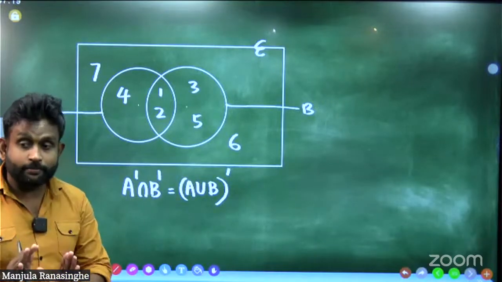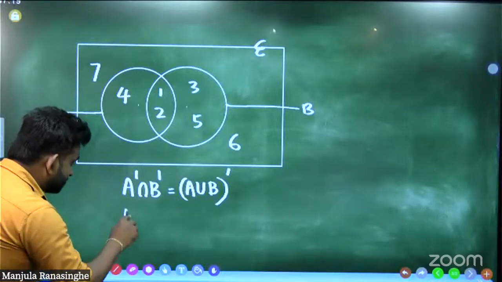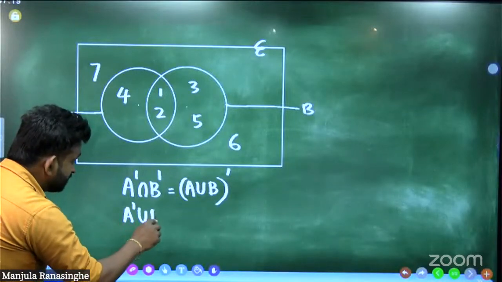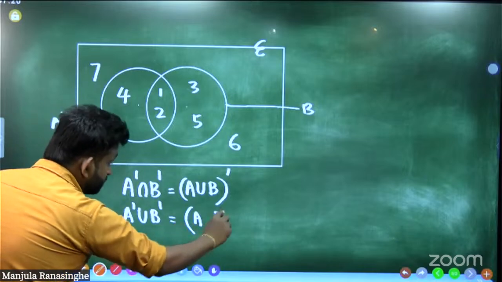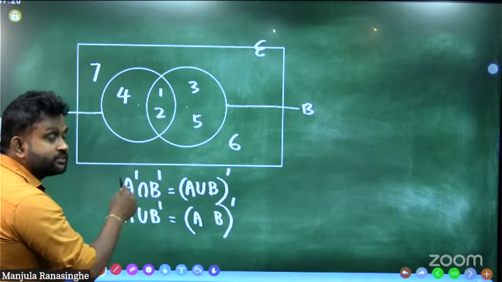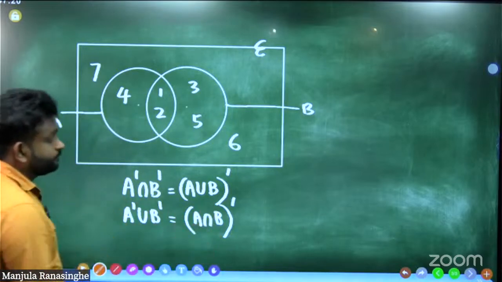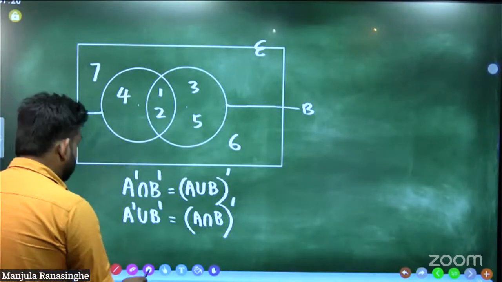So remember this formula for sets. It's very easy. Then if they ask A dash union B dash, I have the way of doing it. Just write A B there, keep a bracket with dash outside. Then this sign is to be changed, union changes to intersection. Remember these two formulas.